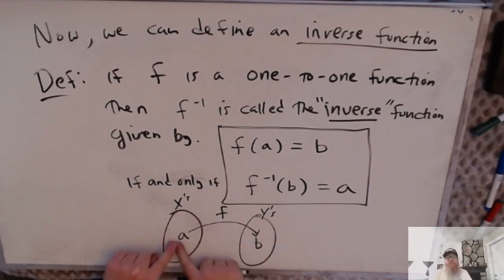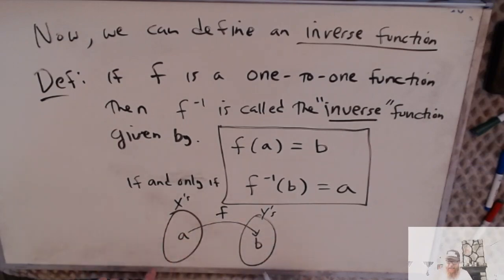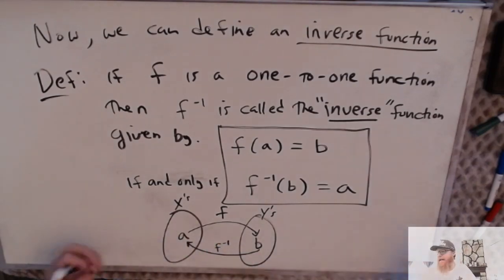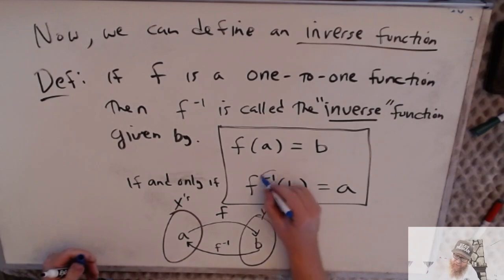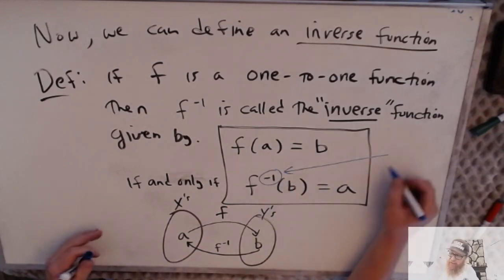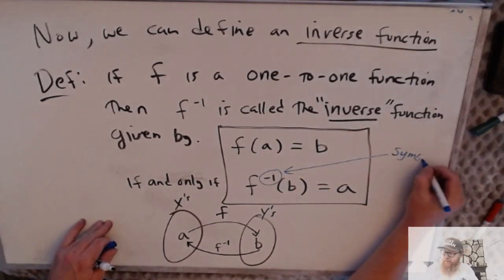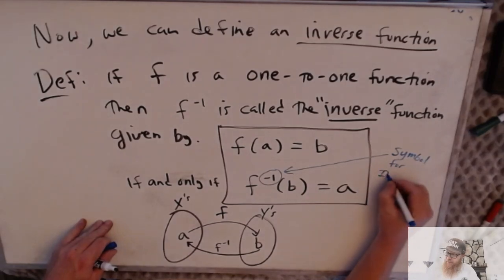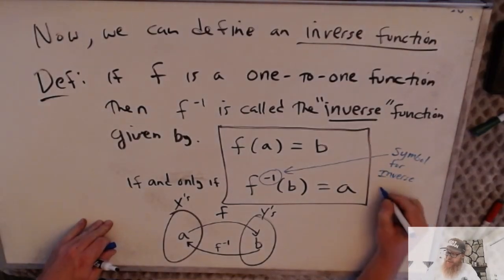So if f sends a to b, then f inverse sends b back to a. This is the symbol for inverse. It is not an exponent.